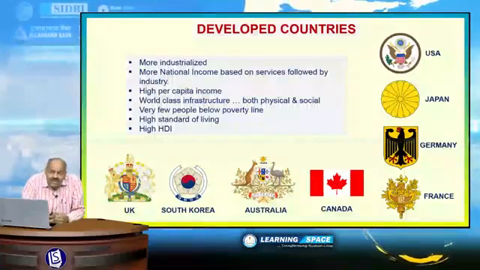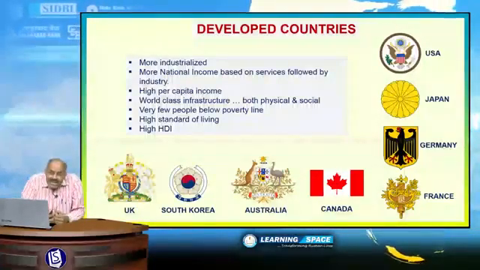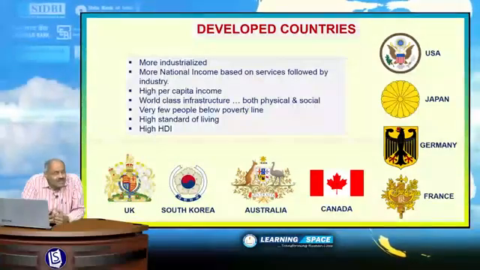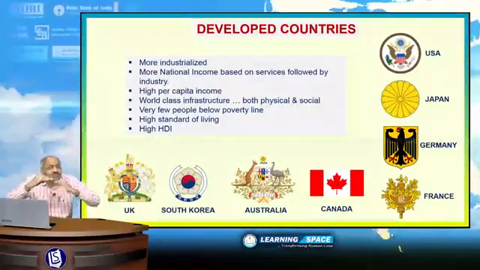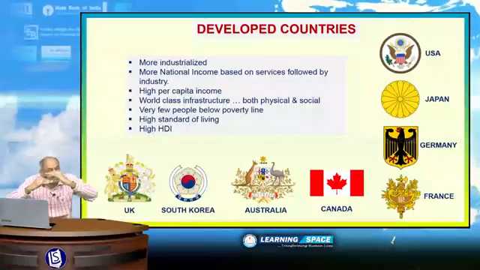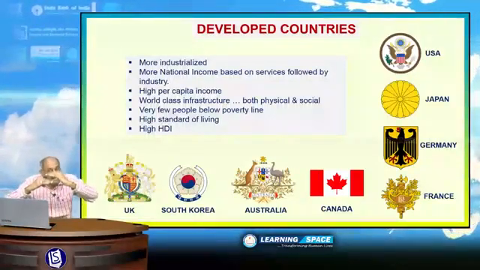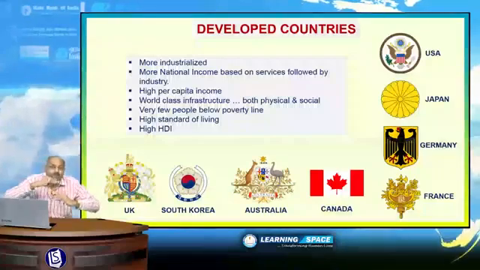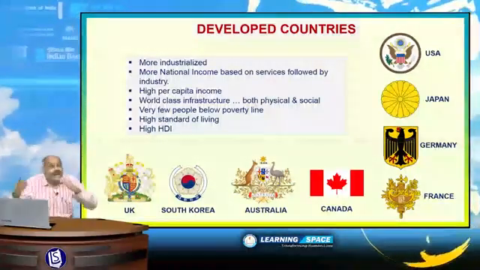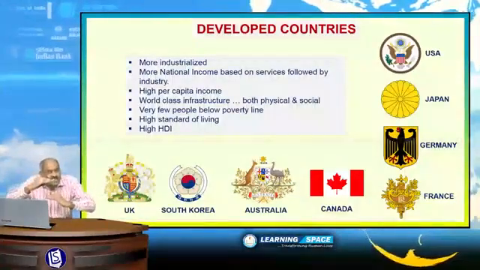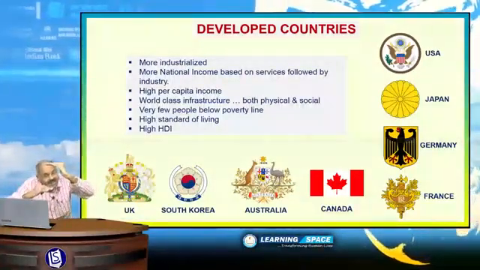All of you are well aware that in any country, the transformation takes place from agrarian economy followed by industrial economy followed by services. When a country transforms from least developed to developing and then developed, the transformation takes place from agrarian economy to industrialized economy followed by services economy.